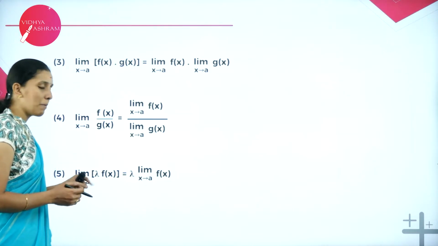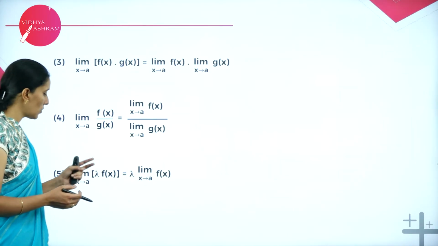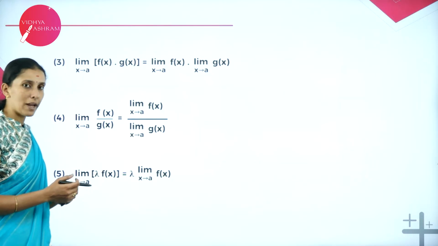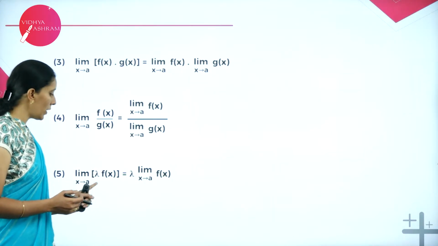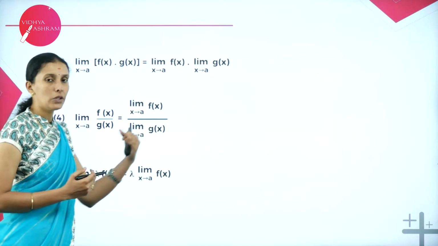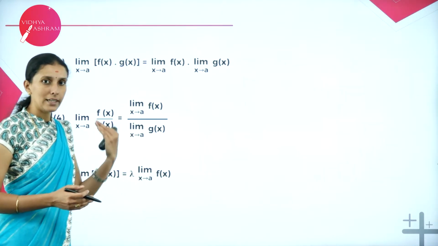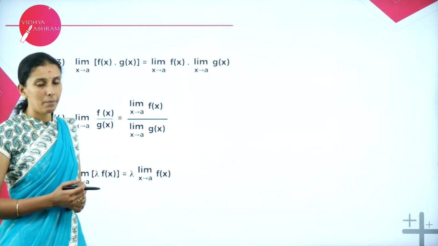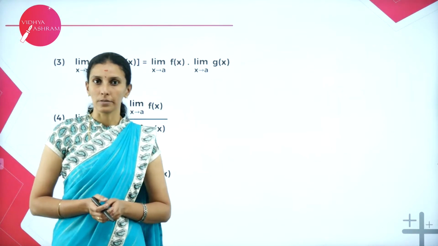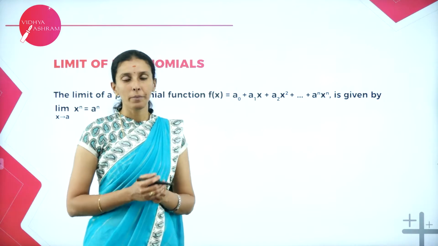Next, let lambda be any scalar quantity. So, when lambda is multiplied with f of x, then we can write it as lambda into limit of the function. Because lambda is constant, we can take it out and apply the limit for the given function. Next is limit of a polynomial.